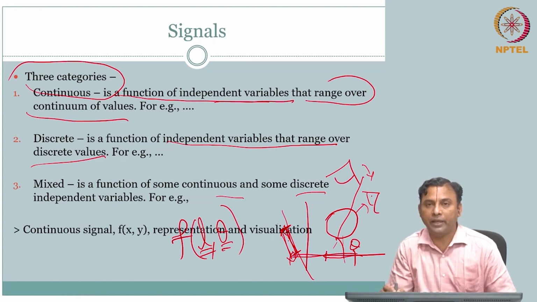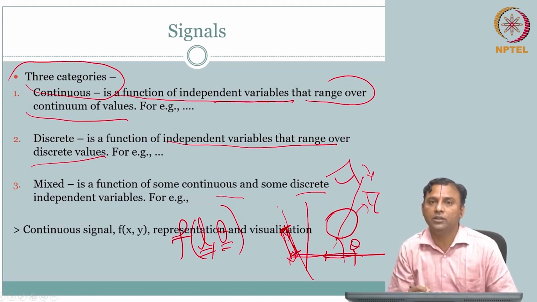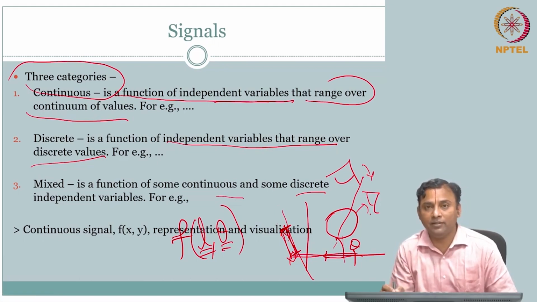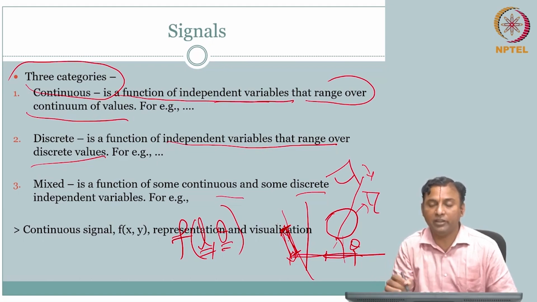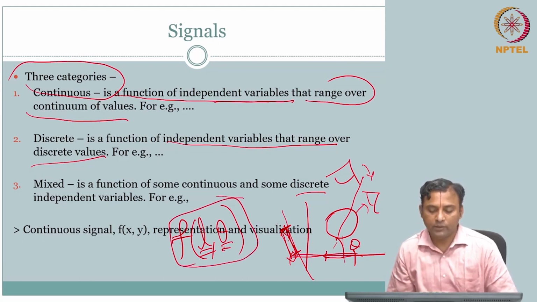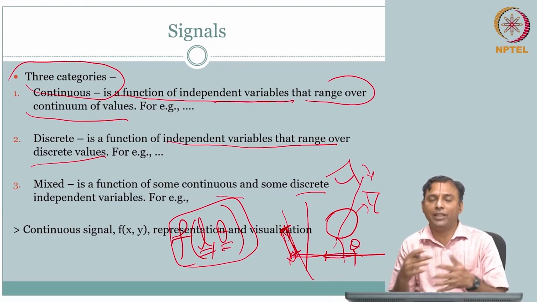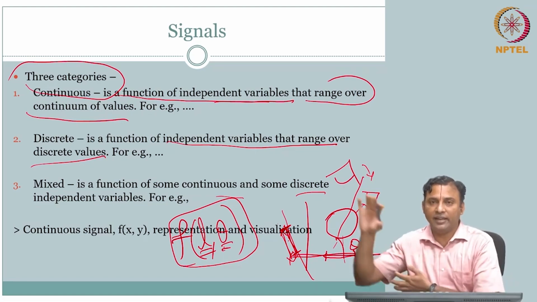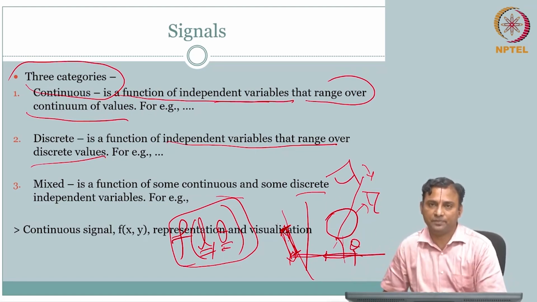Because I am picking locations, I am getting views. I can have fine stepping or not, but the point is you are collecting from a finite number of different views inherently. So your signal that you obtain is going to be a combination of continuous and discrete. Of course, then you process this signal and create an image.